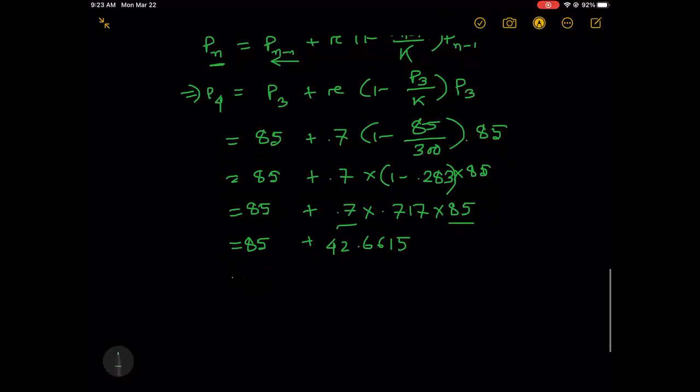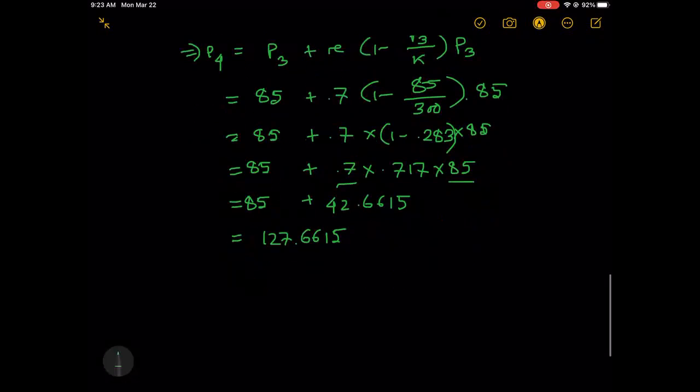And if we add it to 85, we get 127.6615. And since it's more than half, 0.6 is more than 0.5, right? So we can round it to 128.